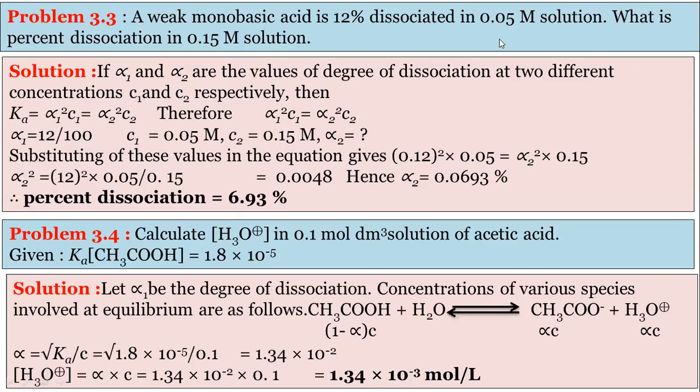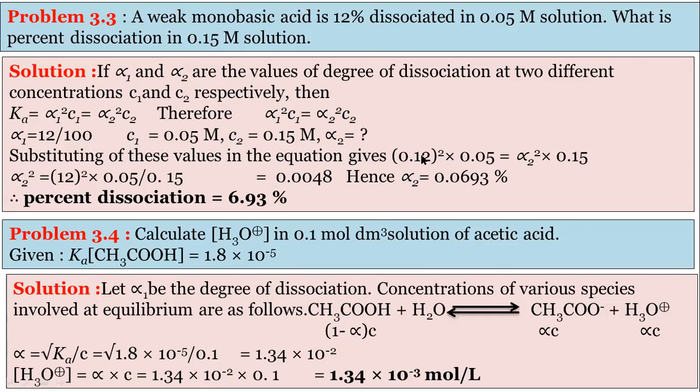C1, its concentration, is given as 0.05 molar. C2 is 0.15 molar, and we have to calculate alpha 2. So we put these values in this equation. Alpha 2 square is equal to alpha 1 square C1 divided by C2.